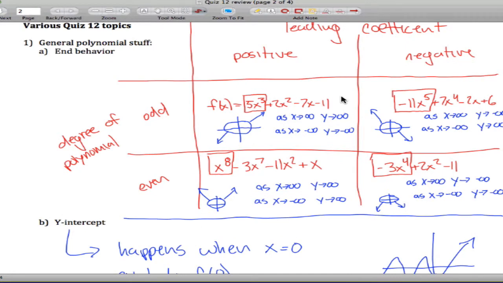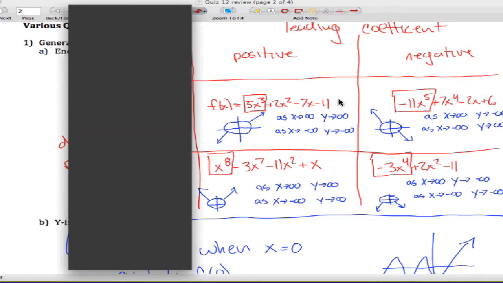So imagine this polynomial right here, if I made all the x's 0. This would be 0, this would be 0, this would be 0. And then I'd subtract 11. So the y-intercept is at negative 11. But there's nothing special about this polynomial. That always happens. When you make x's 0, all of the terms will go away except for the constant term. So whatever the value of the constant term is will always be your y-intercept.